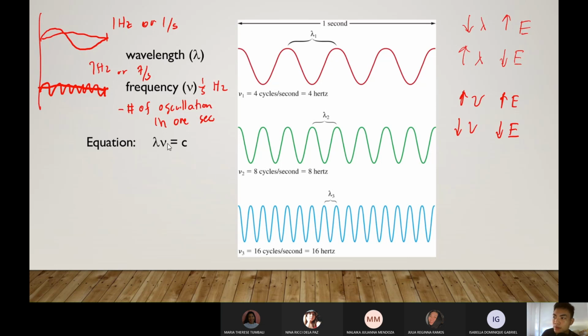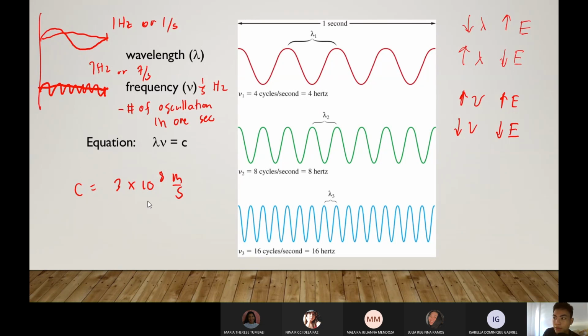And you can also get the product of wavelength and frequency. If you multiply the two, that is equal to c, which is the speed of light. And what's the speed of light? That's 3 times 10 raised to 8 meters per second. So kapag pinag-multiply mo daw yung wavelength and the frequency, you will get the speed of light.